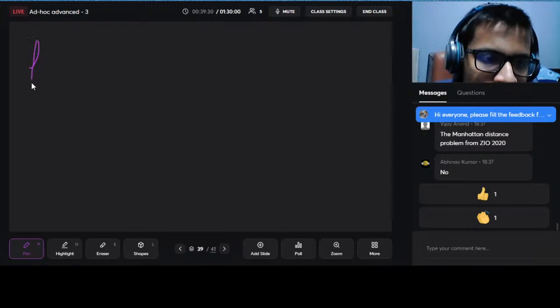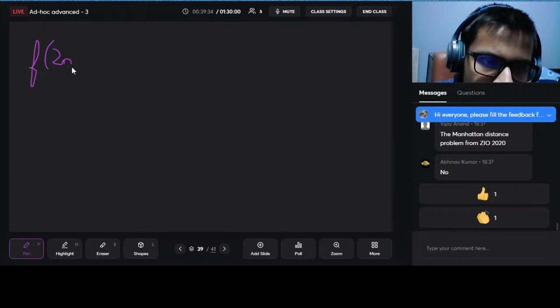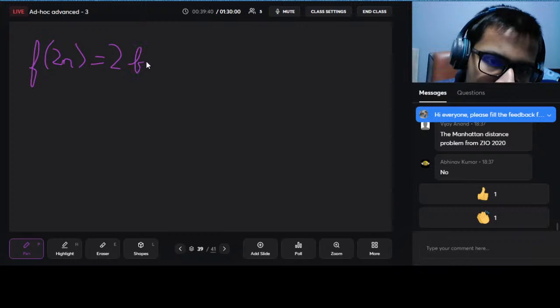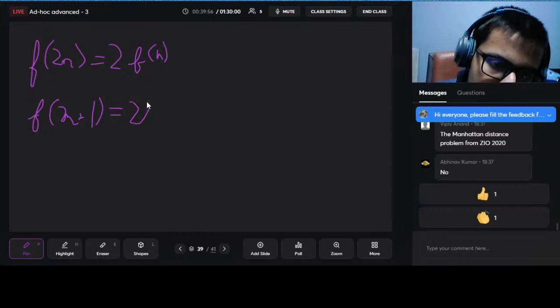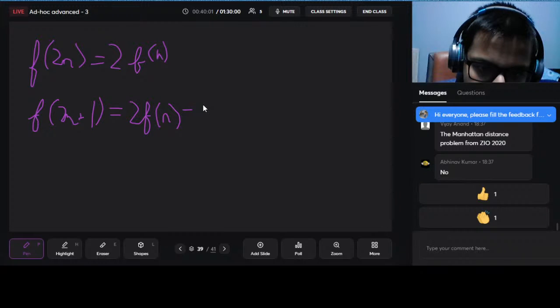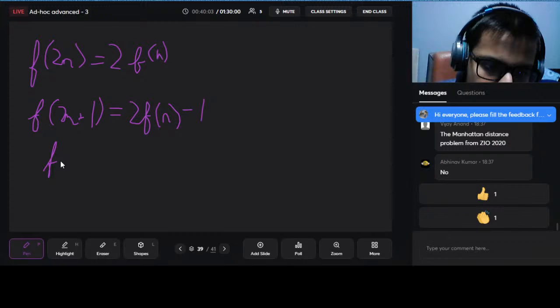So there are two conditions: f of 2n is equal to 2f of n, and f of 2n plus 1 is as given, and we have f of 1 equal to 1.